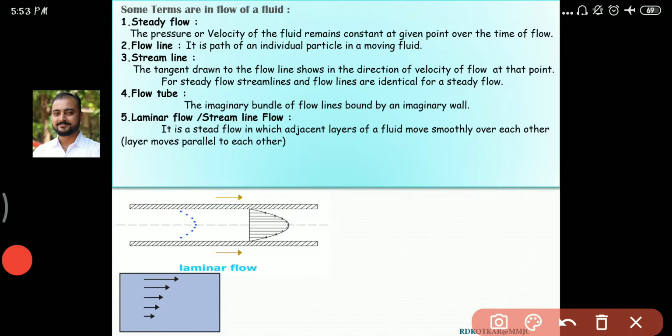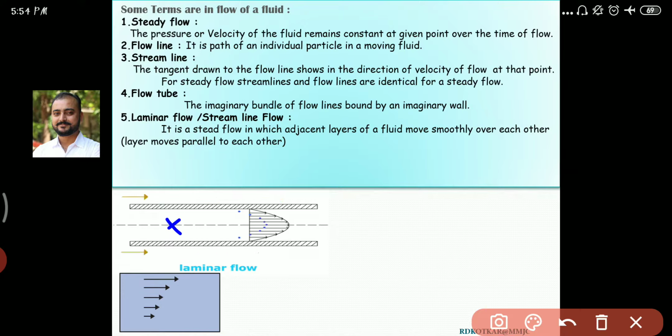Either you can say it like this also: the liquid flow in which all the particles are moving with the same velocity at a particular point. You may also call it the velocity of a liquid molecule or the velocity of the liquid layer.